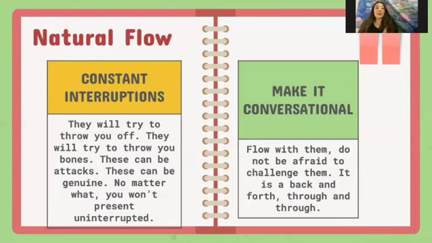So be ready to have these constant interruptions, and instead of taking it as an attack, you want to make it conversational. So flow with them. Do not be afraid to challenge them. It's a back and forth, constantly. You're always going to have this back and forth. And if they introduce something that seems to blow your argument up on its face, actively disagree with them.